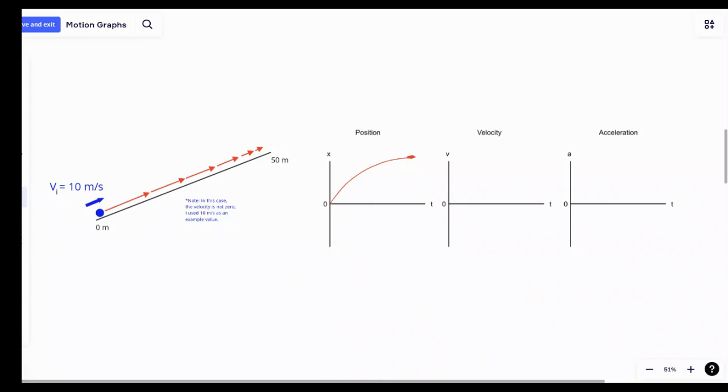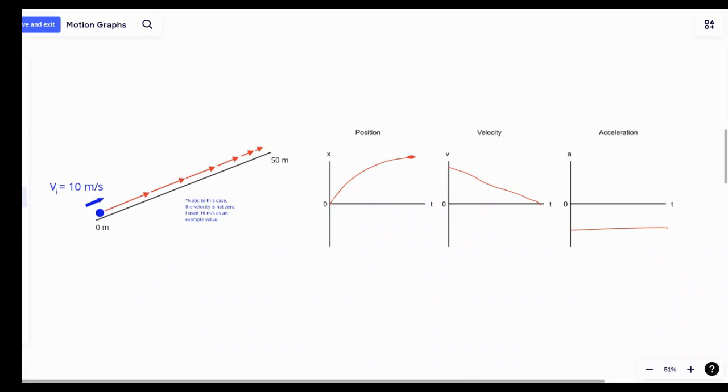Come to zero. Now, the velocity time, I have to start with some positive amount of velocity, but then it has to go towards zero, and it's going there at a constant rate. So that means it's going to be a linear slope going to zero. Now, the acceleration, because it's slowing it down, is negative. Okay, so that's how all those match up.